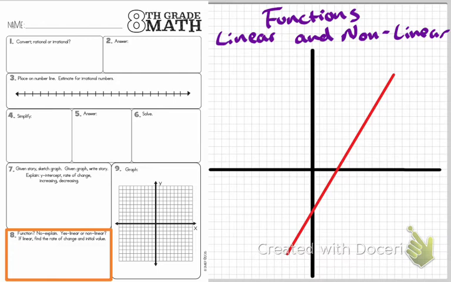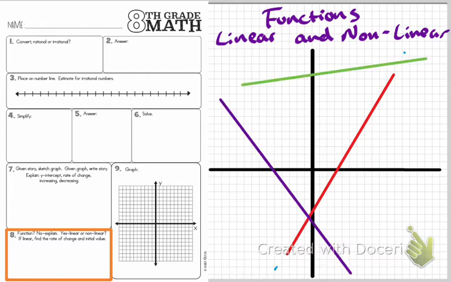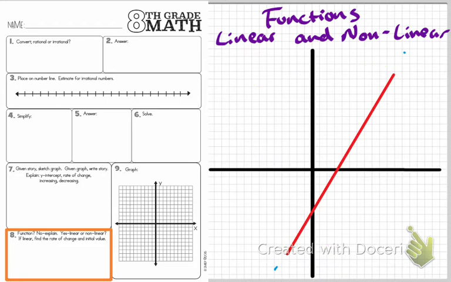Now, when we describe that all linear equations are going to be functions, that's because they are predictable and they create a pattern. If I were to think about a future value, you can see that I've included a blue dot up there about where a future value might be, or down below, maybe a past value.